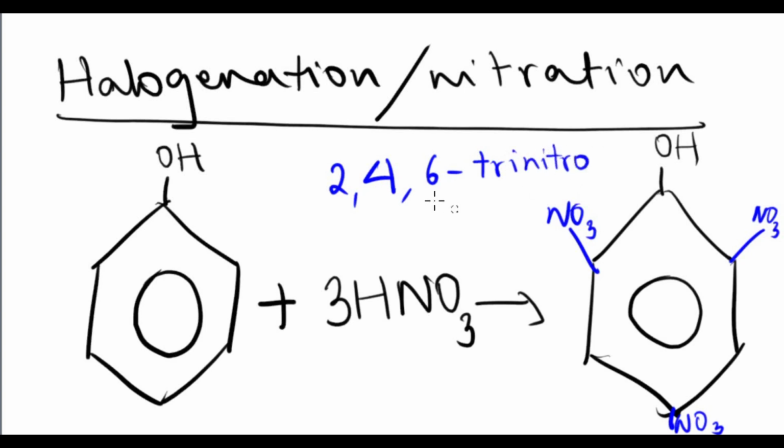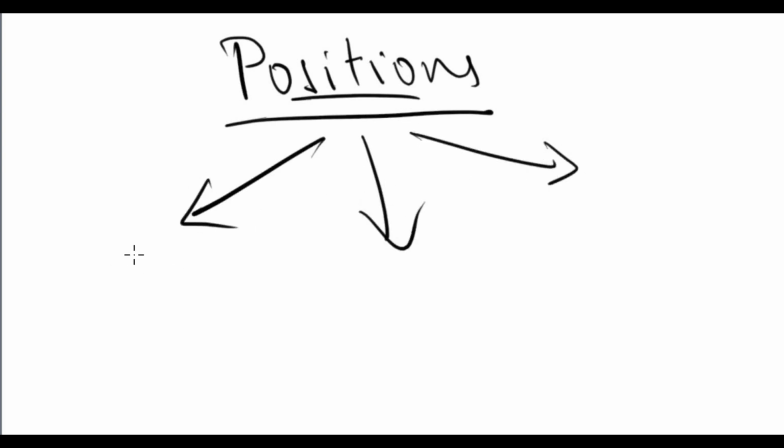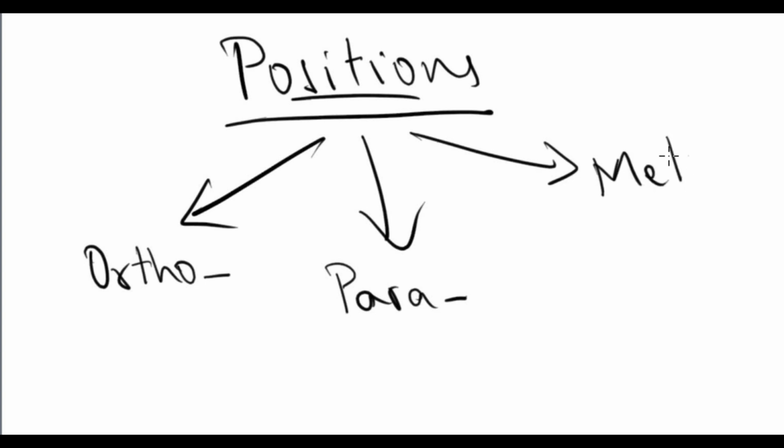Okay, we need to speak about positions with regards to the cyclic structure of benzene or phenol or just aromatic compounds. So we have 3 positions. We have ortho, we have meta, and then we have para. So ortho is, remember, 1,2, para, remember, 1,4, and meta, remember, 1,3. So what does this mean?